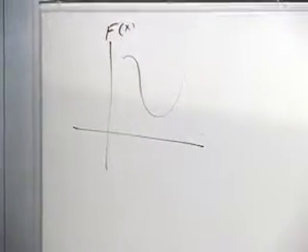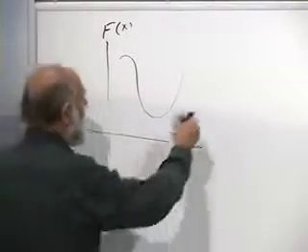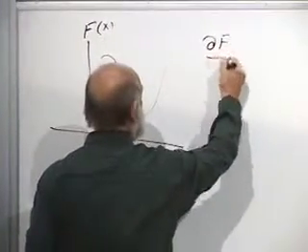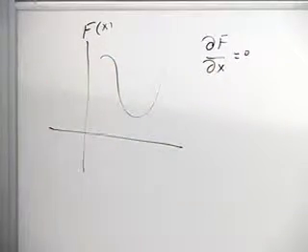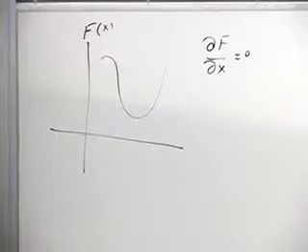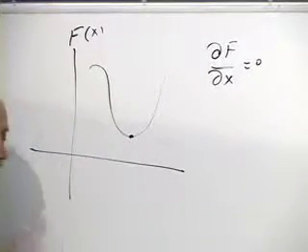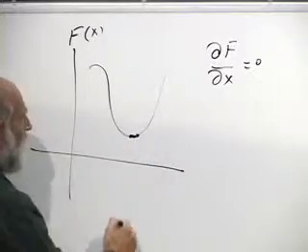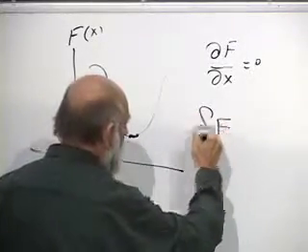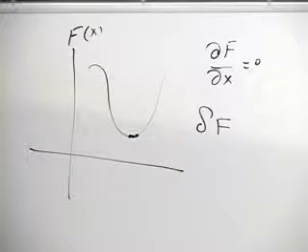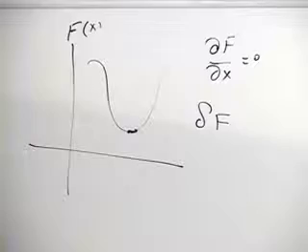So as you well know, the rule for finding a minimum is just to differentiate with respect to x and set it equal to 0. Another way to say the same thing is to require that at this point here, if we make a little shift of x, then the change of f, delta f, when we change x a little bit, should be 0.